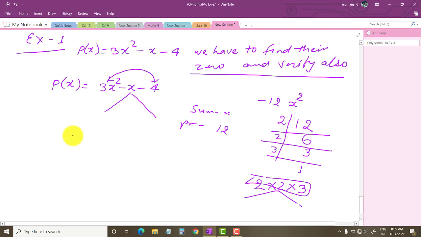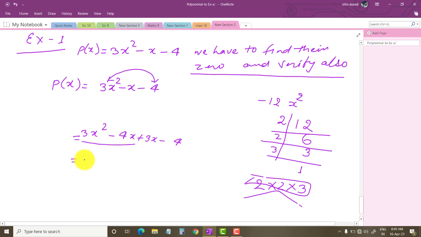Then see, if we break this part 3x square like this, it becomes minus 4x plus 3x minus 4. Then this is our required form. Clear? Next we will take the common from these two terms, then common will be x.